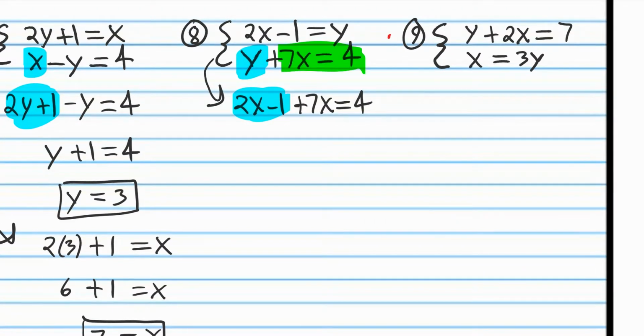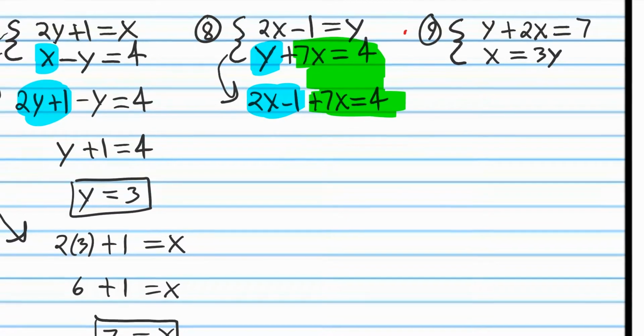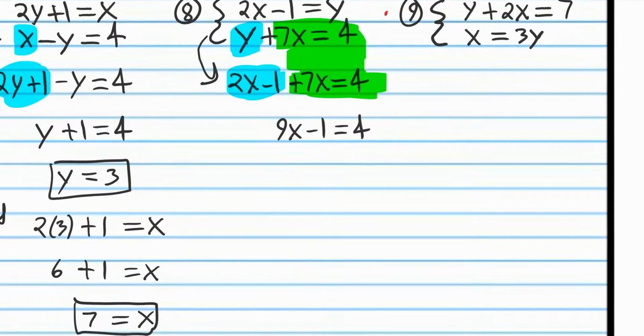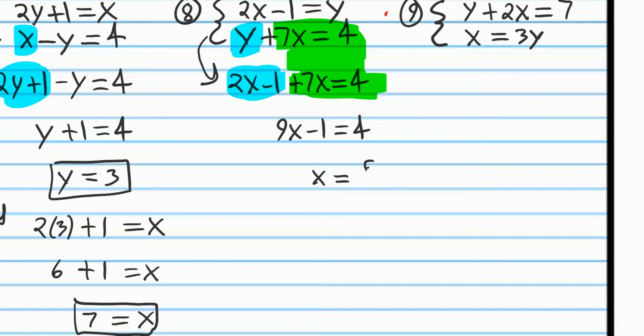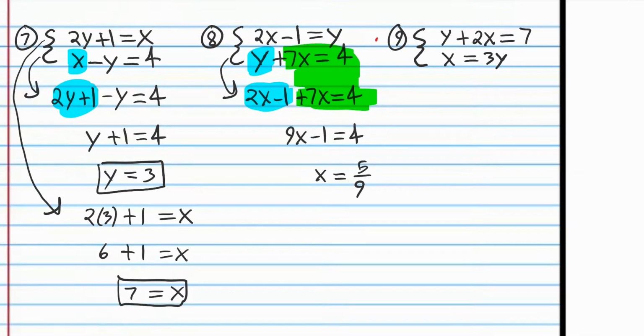Probably be best if I colored that entire part in there. I don't know if that's helping you at all. All right, so 2x plus 7x is 9x. And add 1 to both sides and divide by 9, and you're actually going to get 5/9. So we got a fraction this time.